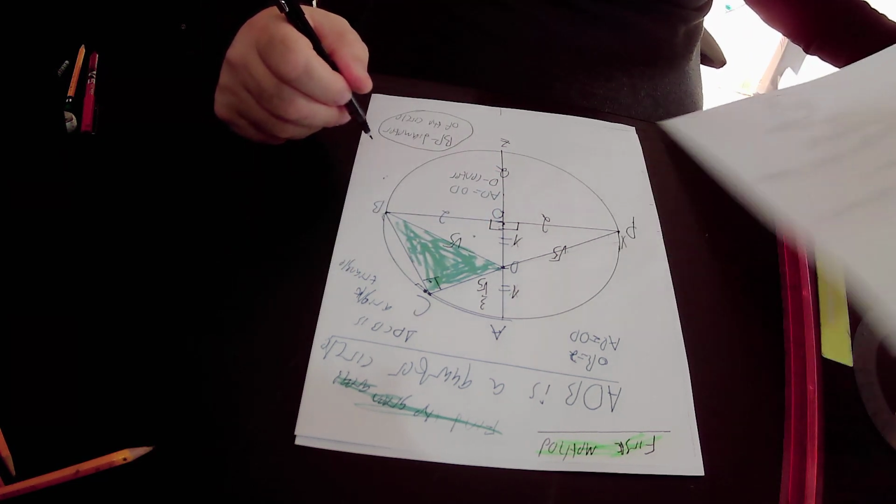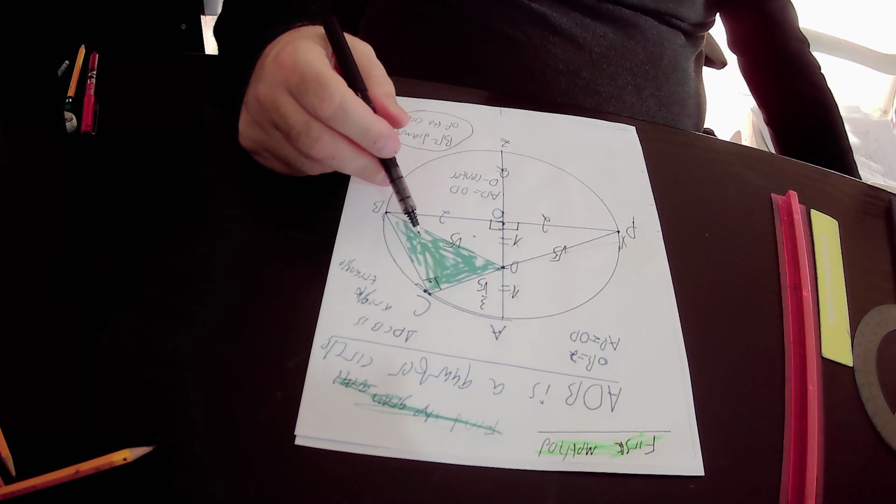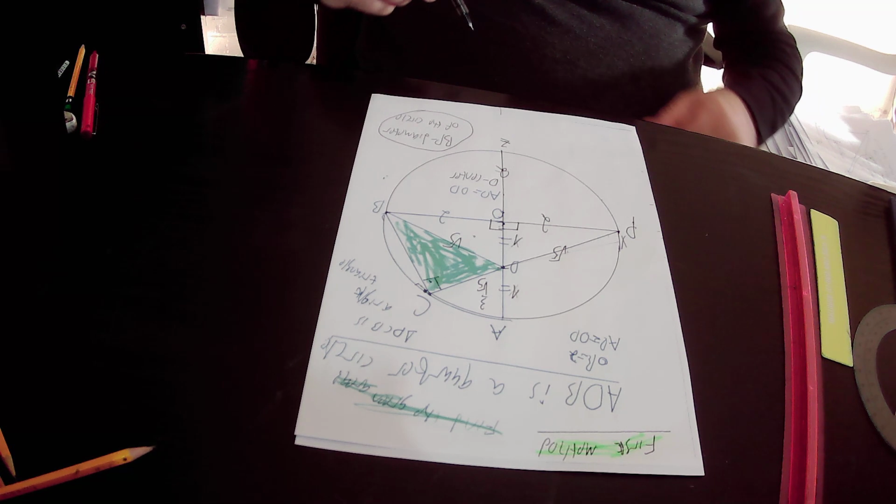In the next step, we will implement the Pythagoras theorem on the right blue triangle, triangle CDB.